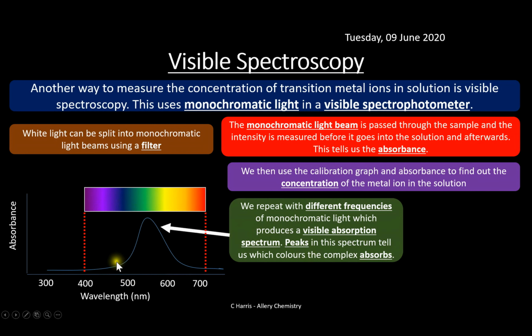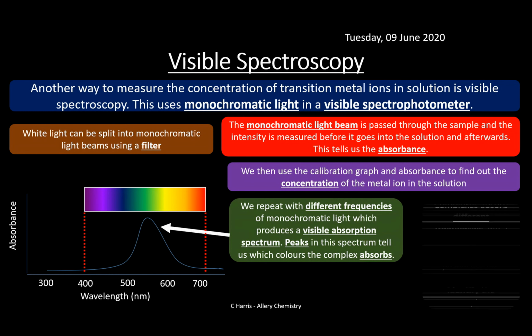Any peaks that we see in here will tell us which colours the complex actually absorbs. So in this case, you can see that this complex is absorbing in the green area. The colour that we see is a combination of these colours here and these colours here. We blend them together, and that's the colour that we observe.